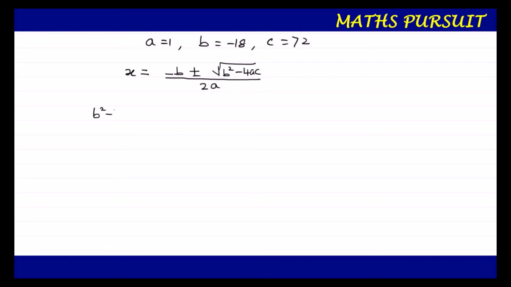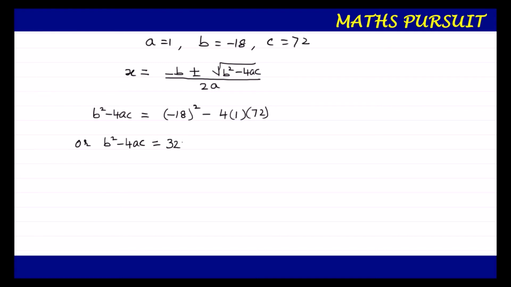b² - 4ac = (-18)² - 4 × 1 × 72. Here (-18)² means -18 × -18, which is 324.